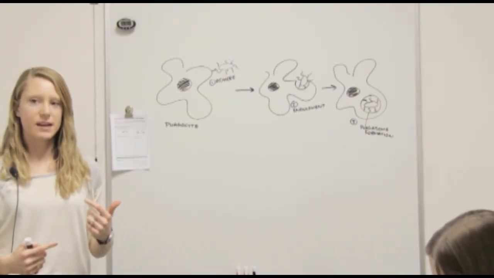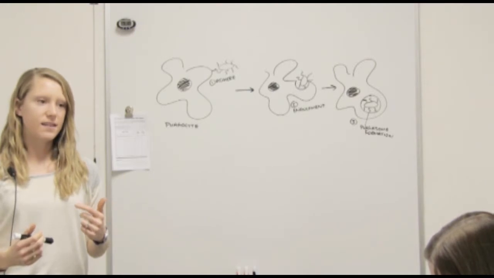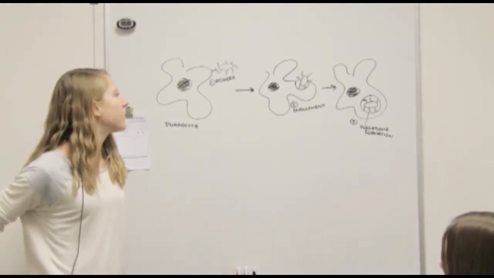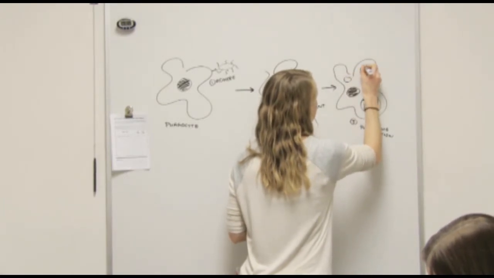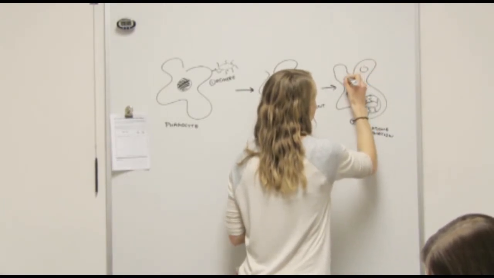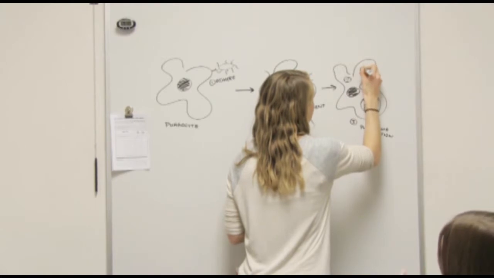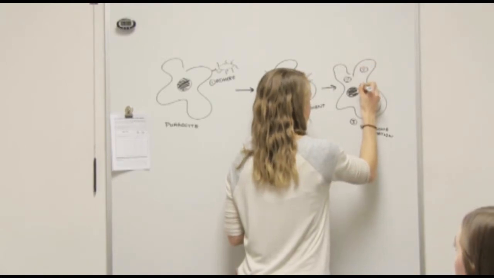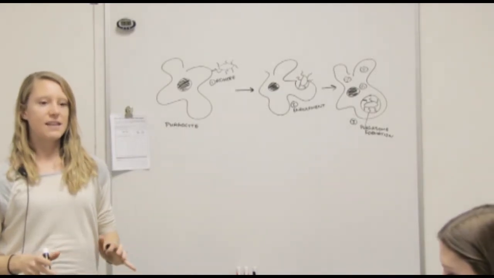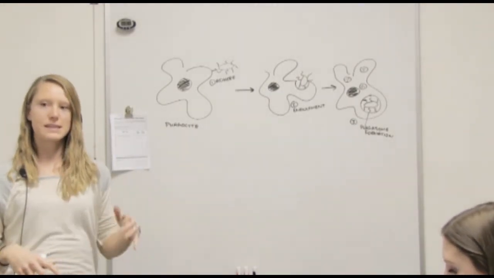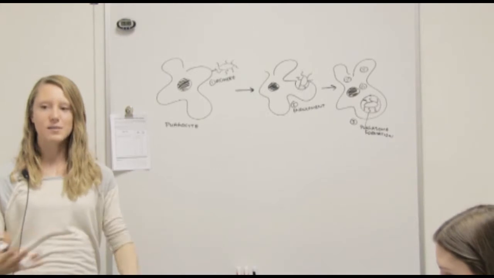Does anyone remember what happens next? There are also these other pockets in our cells. I don't know how much you guys know about our cells, but these pockets have a ton of nasty stuff inside of them. They're really acidic. They have reactive oxygen species and a bunch of enzymes that break down stuff.